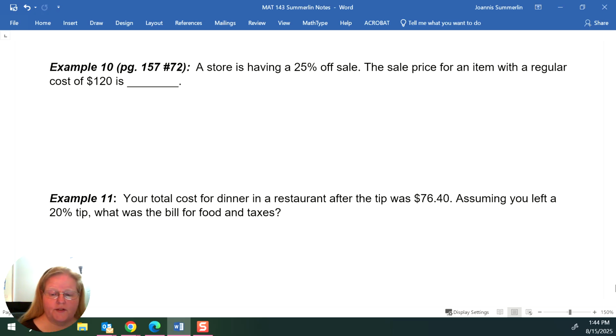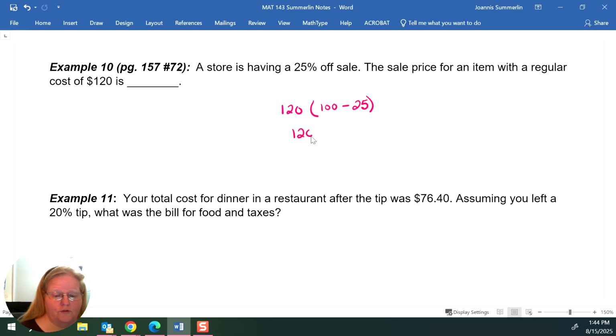The sale price for the item with a regular cost of $120 is $120 times, if it's 25% off, 100 minus the 25.